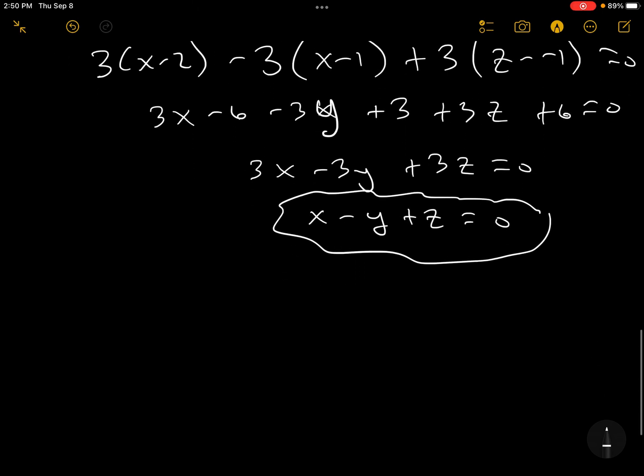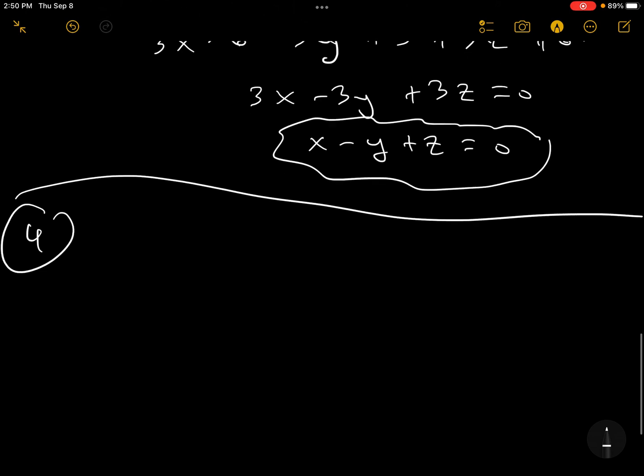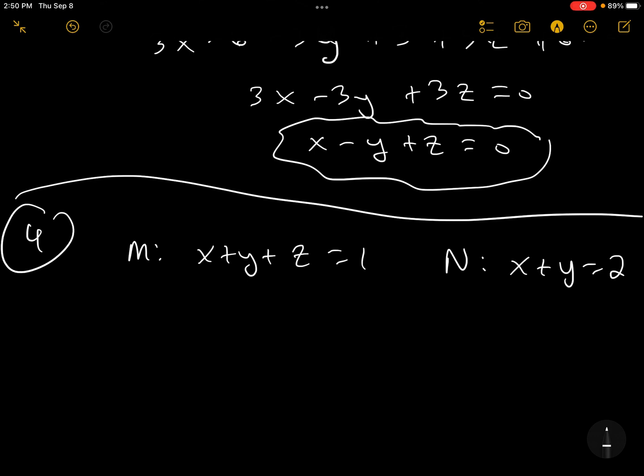Let's do 4. Find a parameterization for the line of intersection of the planes M, x plus y plus z equals 1, and the plane N, x plus y equals 2. Okay, so for this, we need to find the line.